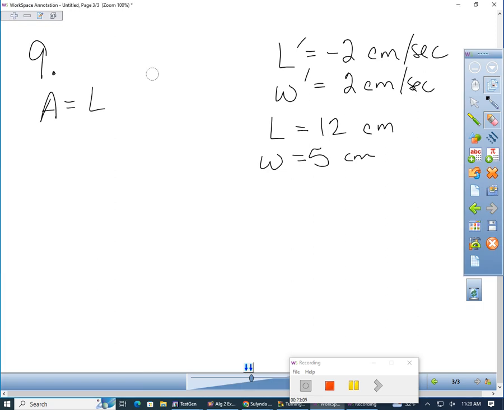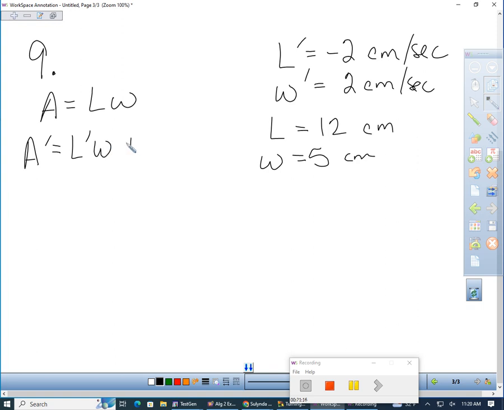Okay. So length times width means that A prime equals, we're going to do the product rule, so L prime times W plus W prime times L. So A prime equals, I have L prime is negative 2, W is 5, W prime is 2, and L is 12.